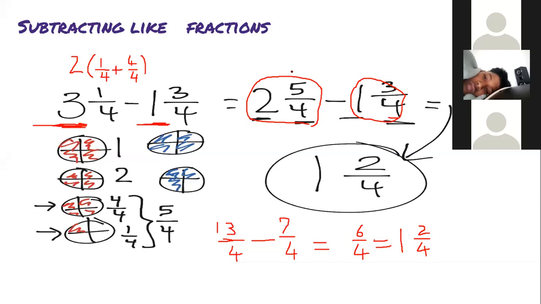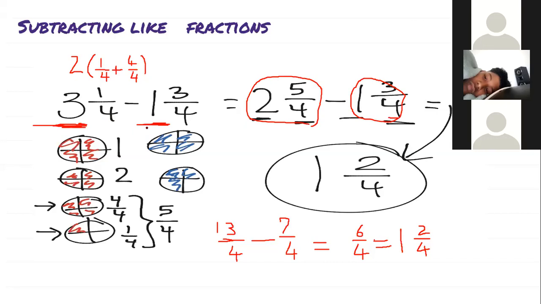Yes. Do you have a question? Yes, Sam. What is your question? How do you know if you're going to need to borrow a whole number? It's when you find the same situation like this. I have this whole, you see that 3 is more than 1, right?